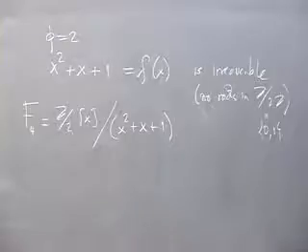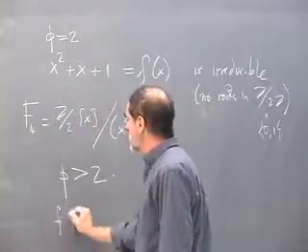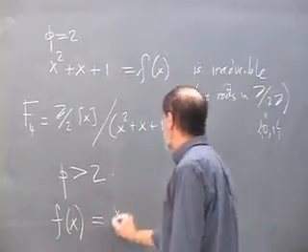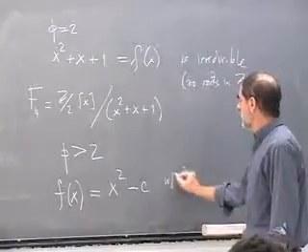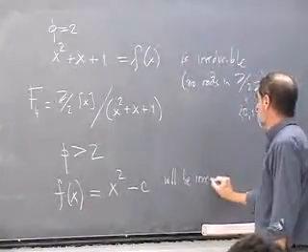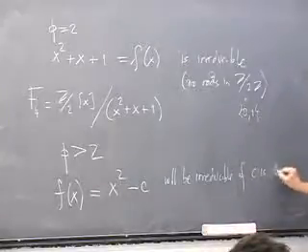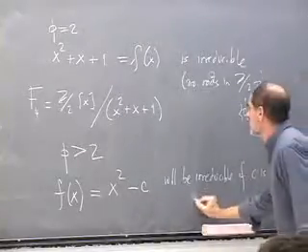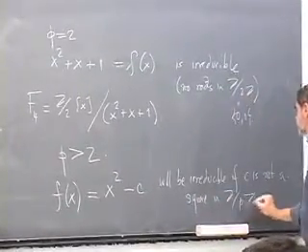Okay? Now, let's assume p is bigger than 2. So we're going to take a look at a polynomial like this. F of x is x squared minus c, which will be irreducible if c is not a square in Z mod pZ.